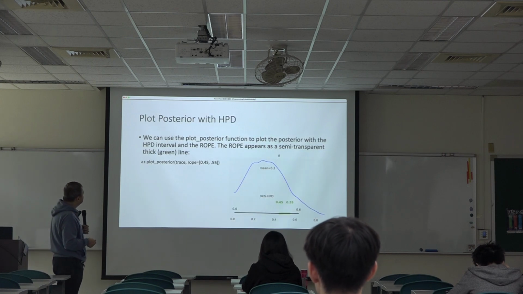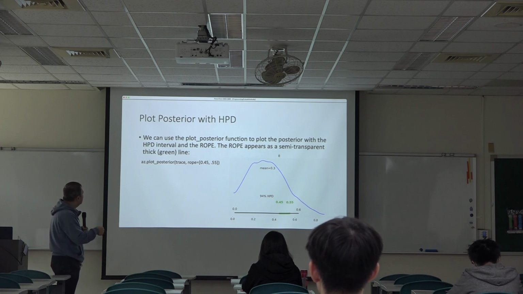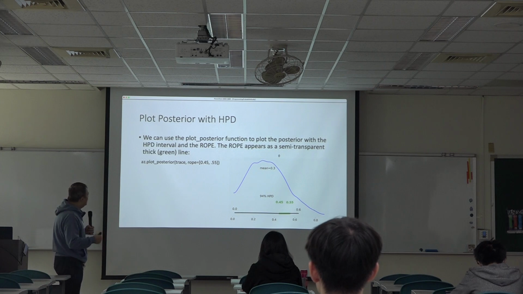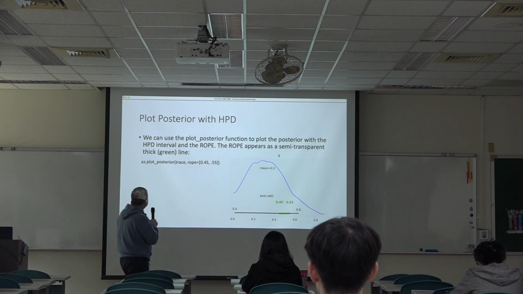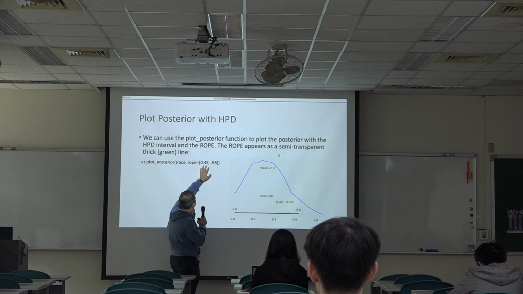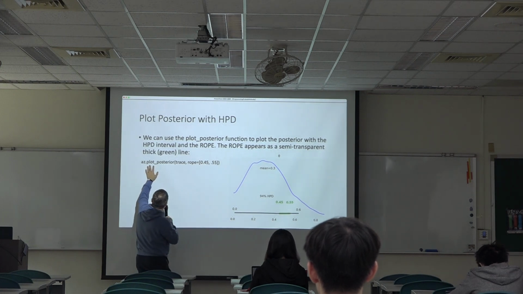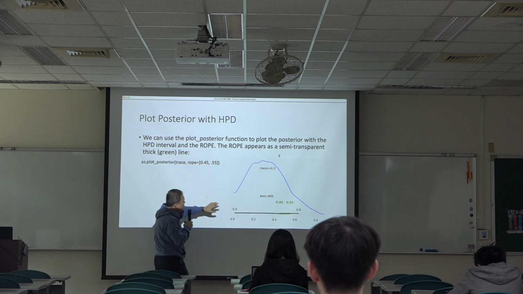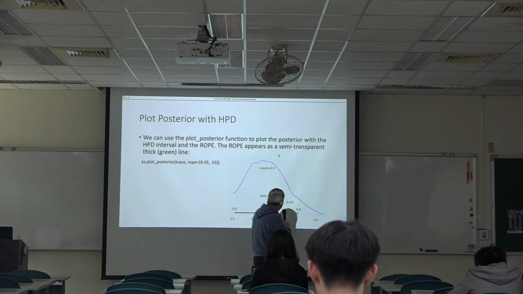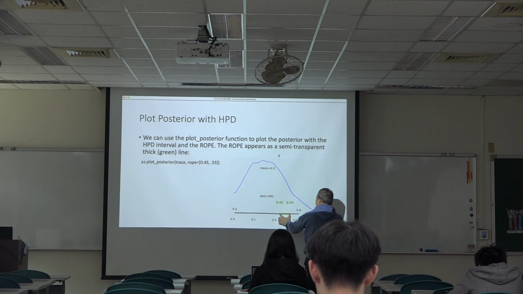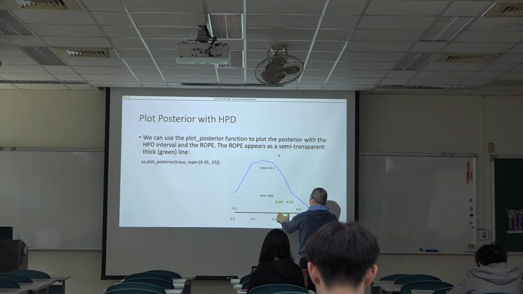You can use the plot posterior function to plot the posterior against the ROPE. You just need to set the ROPE range when you use the plot posterior function, and it will show the ROPE as a green interval.